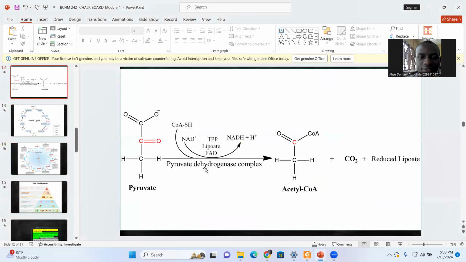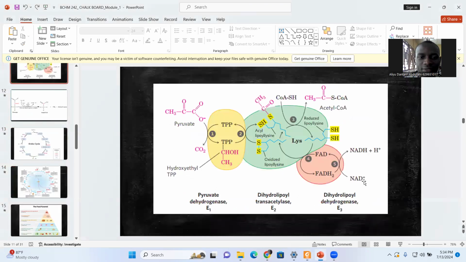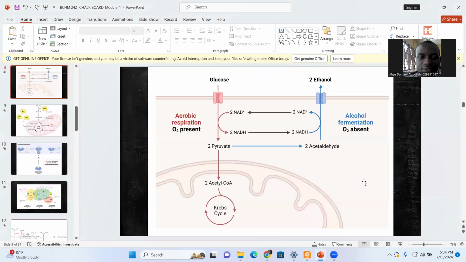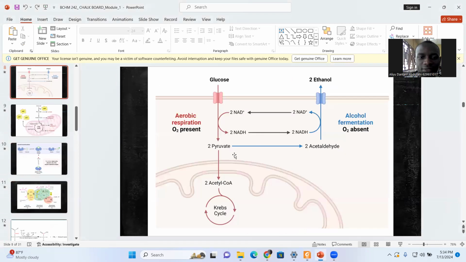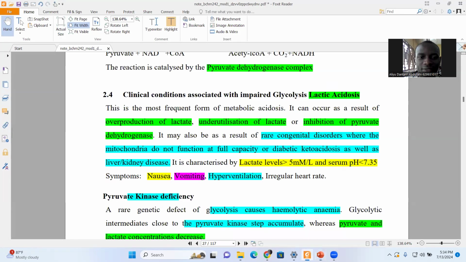If you inhibit this enzyme, there won't be production of acetyl-CoA and there won't be a citric acid cycle. Instead of production of acetyl-CoA, pyruvate will now be converted to lactate. So basically, inhibiting the pyruvate dehydrogenase complex leads to anaerobic fermentation, right? So it makes sense.